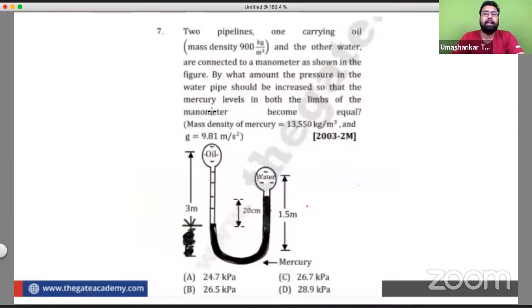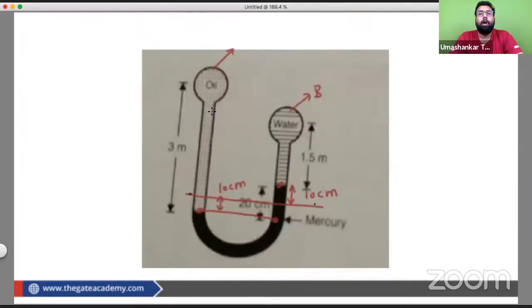What they are asking is that the mercury level in both the limbs shall be the same. That means the mercury level should come down in the right limb by 10 centimeter and it should rise by 10 centimeter in the left limb. Right? Now the whole question has changed.